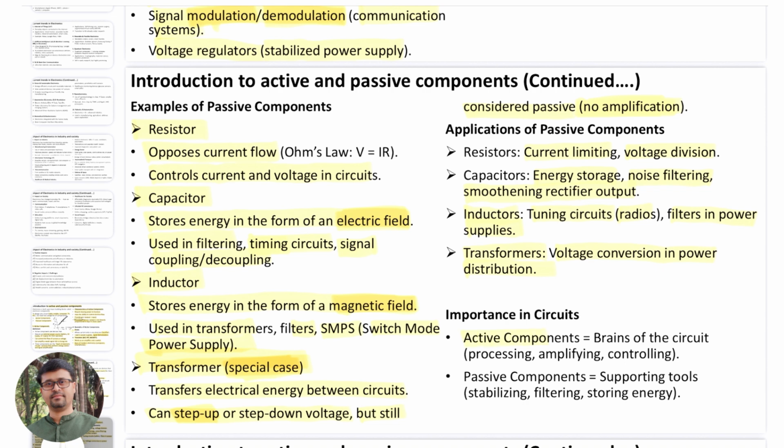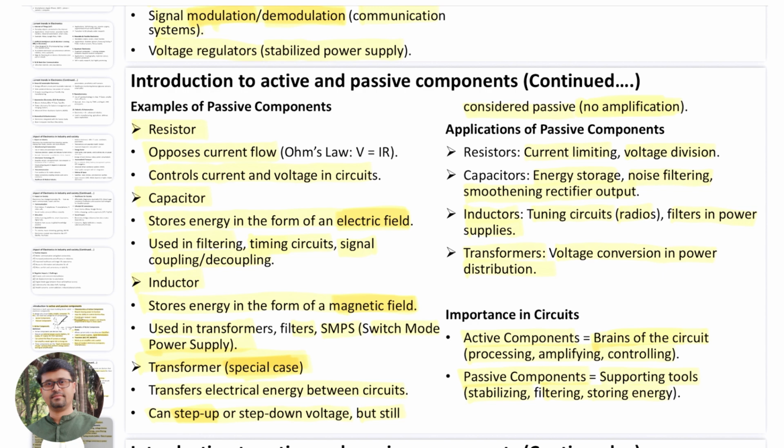Active components are mainly considered the brain of the circuit, for processing, amplifying and controlling. Passive components are the supporting tools to the active components, for stabilizing, filtering and storing energy.